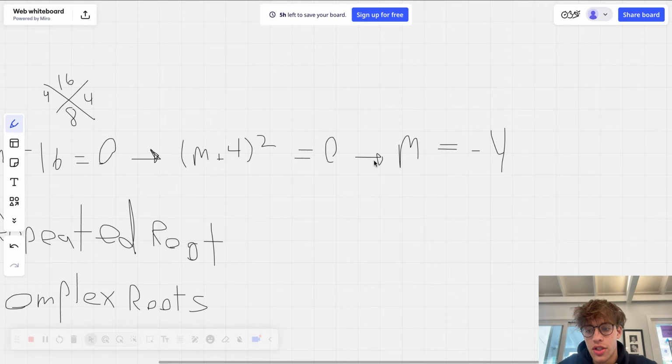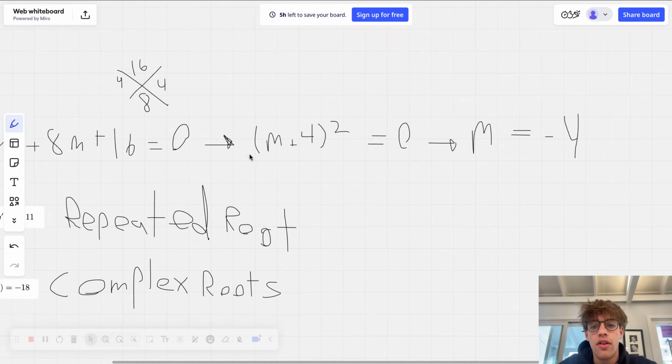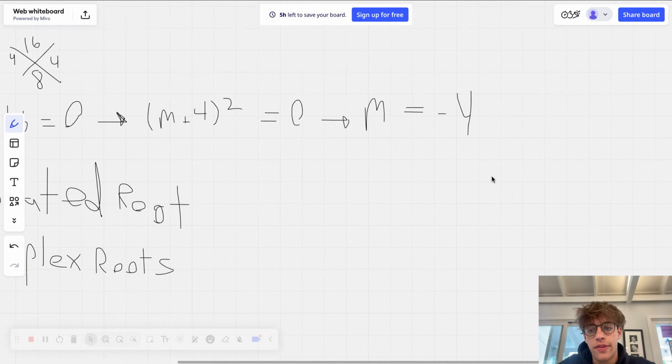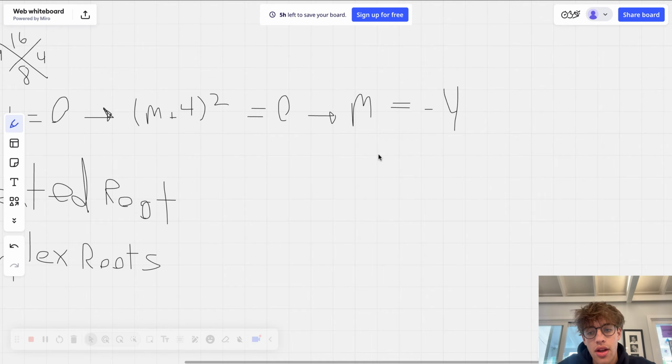Since we know it's repeated, because it's squared, the differential equation solution takes a different form. We have our root, so it's going to be e to the -4t, because of the -4 coming from this. We're setting this up like our general solution, because we're going to have C1, C2.